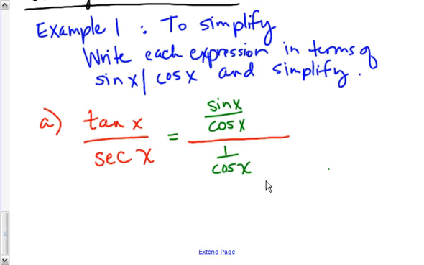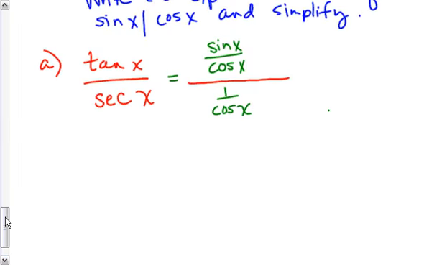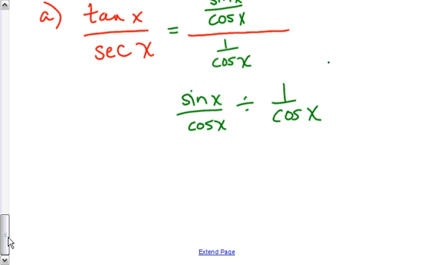It's just algebra. We're not graphing and all that stuff. Y'all, we learned last semester how to deal with expressions. There's dividing, right? So I'm going to write it out this time. If I write it as sine of x over cosine of x divided by 1 over cosine, what am I going to have to do there? I'm going to have to multiply, so I have sine of x over cosine of x times, I'm going to flip this one upside down.